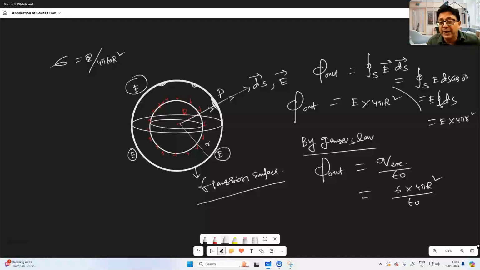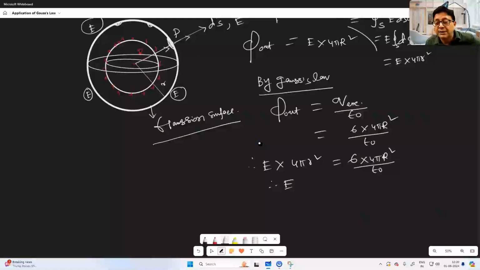So just to compare these two. Therefore, E into 4 pi r square equals sigma into 4 pi R square, divided by epsilon 0. So E is going to be what? Sigma R square by epsilon 0 r square.